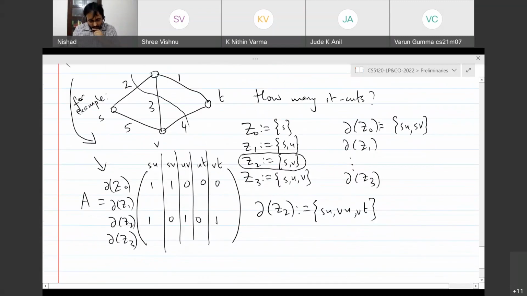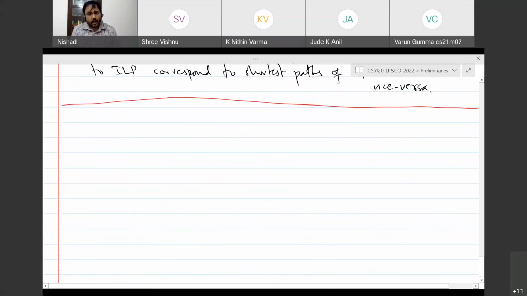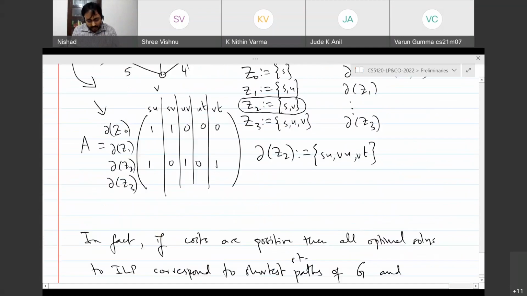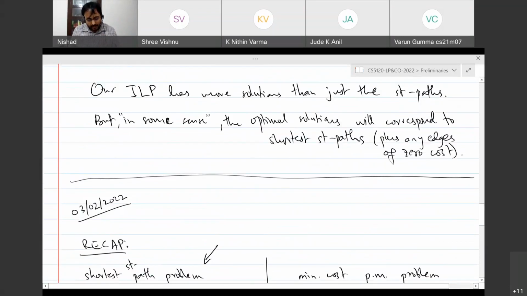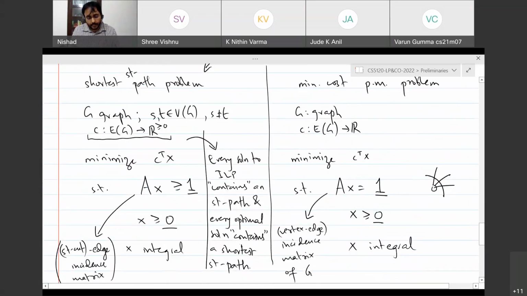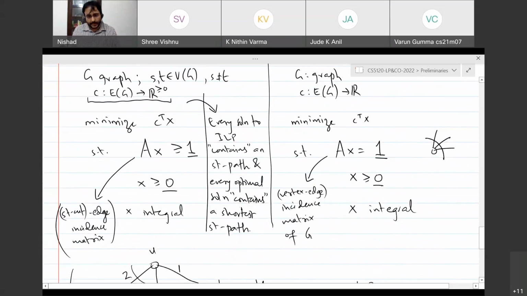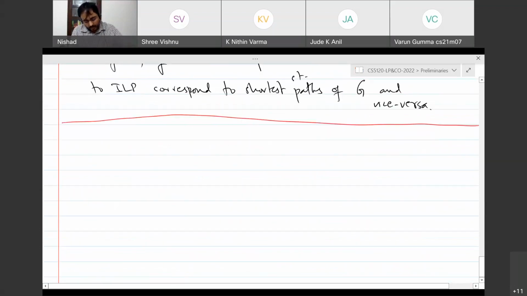Okay, so all right, so there is this question: how do you convince someone that a particular ST path is actually a shortest ST path? We still don't know that.